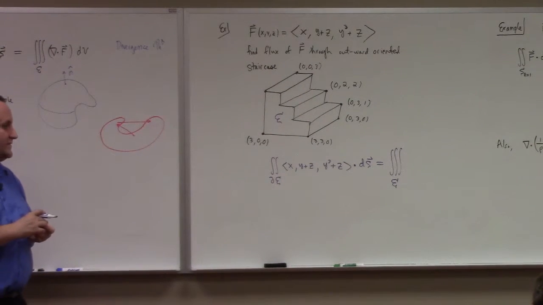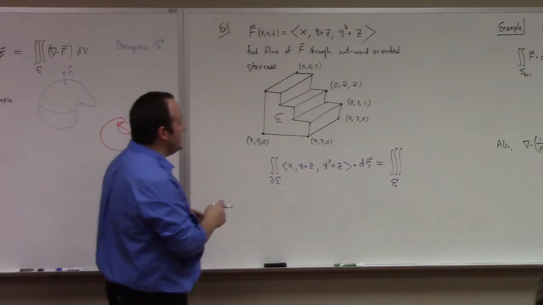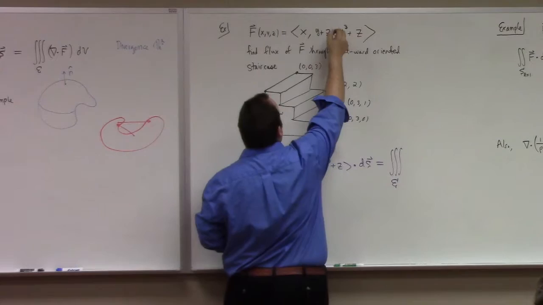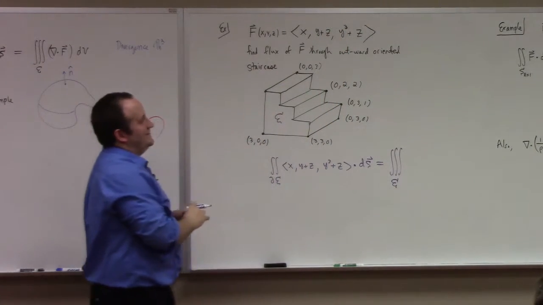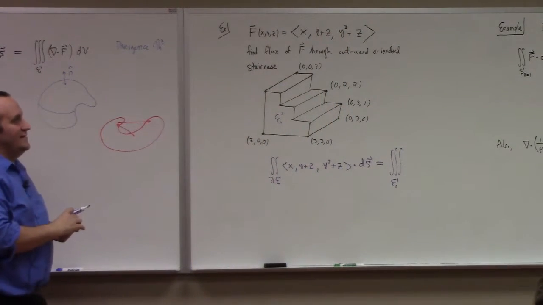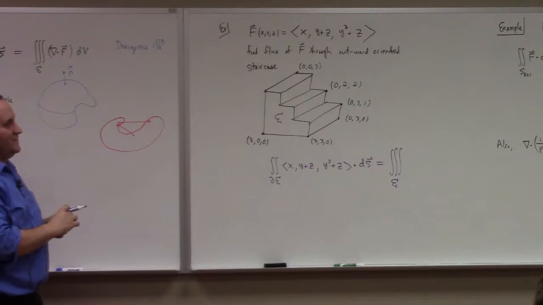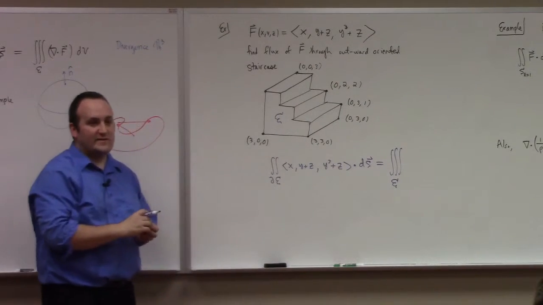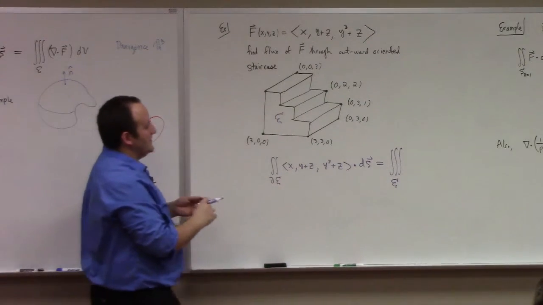What's the divergence of that vector field? I could have made this problem look even worse, right? I could have easily thrown in some random function of x, like the fifth root of x to the fourth plus x squared minus 77. It wouldn't have changed anything, because the divergence only picks up on what?